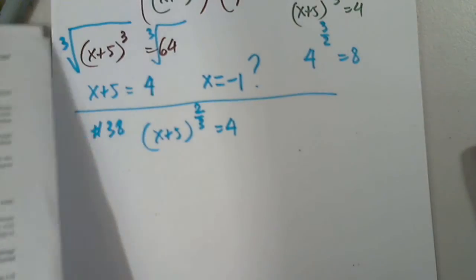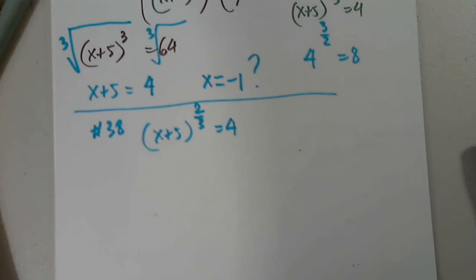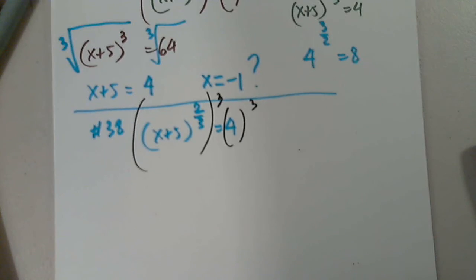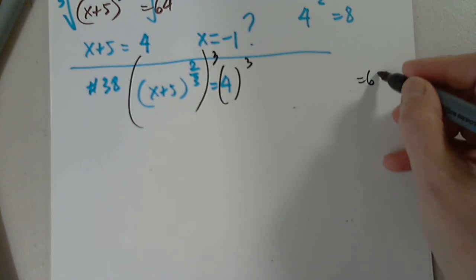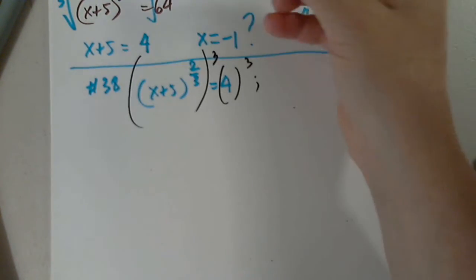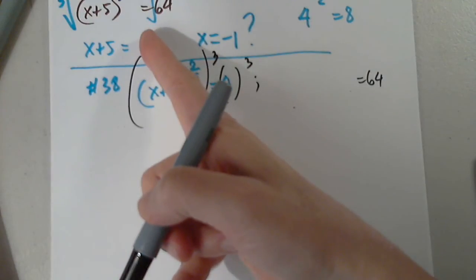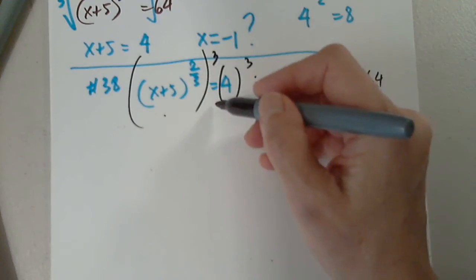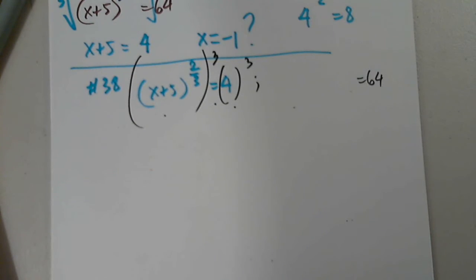You raise both sides to the power of 3. Excellent. The right-hand side will be 64. Please remember, each equation has only one equal symbol. Do not write to the sides. Left-hand side, equal symbol, right-hand side.